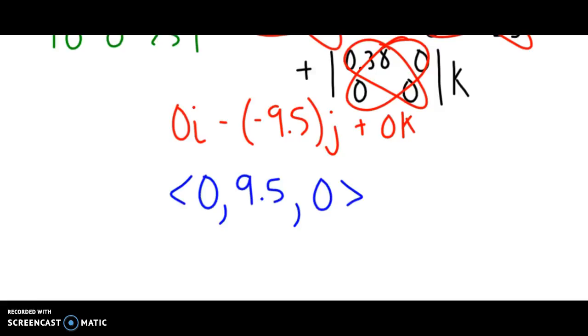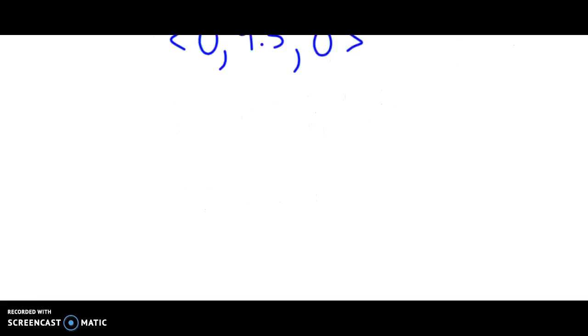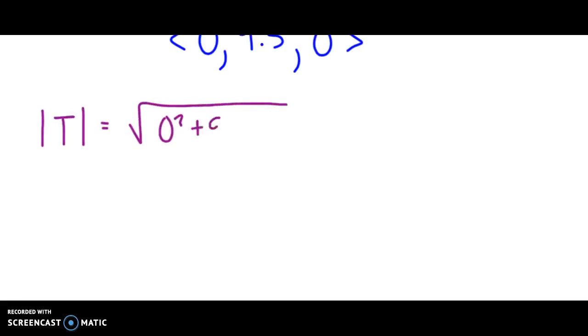So now they're asking us to actually find the magnitude as well. Remember how we find magnitude, so this is for our torque. That was the square root of 0 squared plus 9.5 squared plus 0 squared.